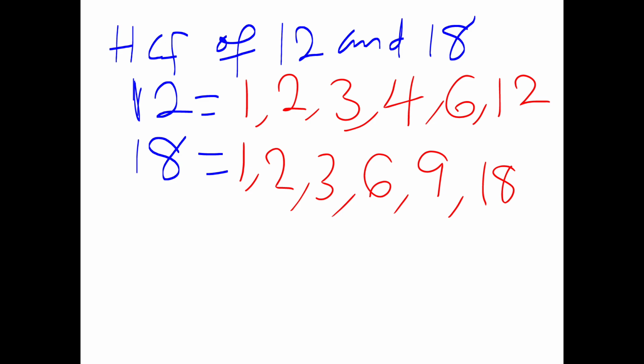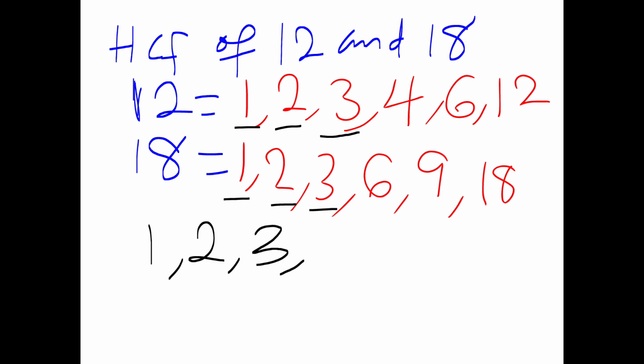You notice that we have 1 here, we have 1 here, right? We have 2 here, we have 2 here, right? We have 3 here, we have 3 here, right? Good. What other number? We have 6 here and we have 6 here too.